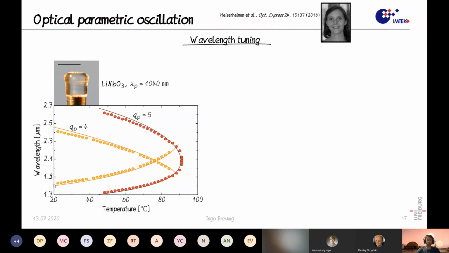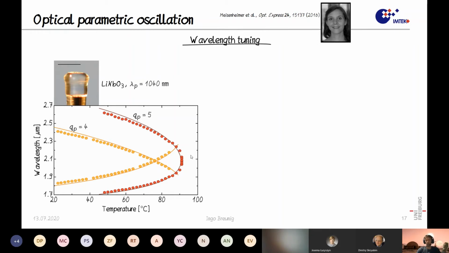Just by changing the temperature from room temperature to maybe 90 degrees C, you can see two different curves. The yellow one is achieved by Q pump equals 4, and Q pump equals 5 is given by the red curve. So we can tune the output wavelengths between 1.7 and 2.7 micrometers.